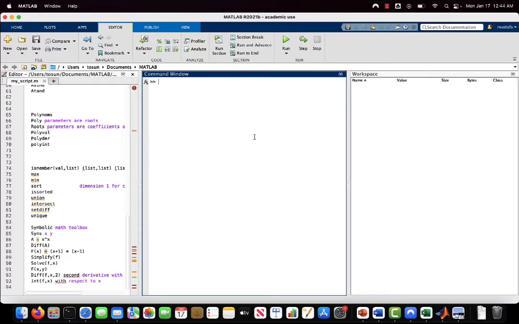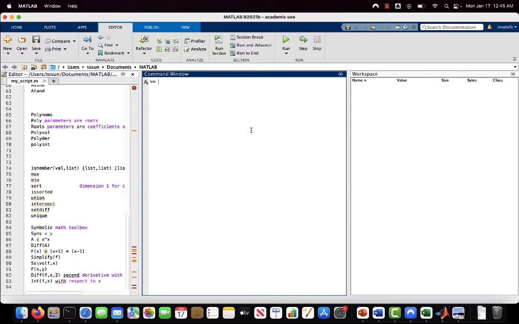In Matlab you can do everything with numbers or with variables, but in math we usually use symbols instead of numbers or variables, and the Symbolic Math Toolbox in Matlab lets us use symbols in Matlab.